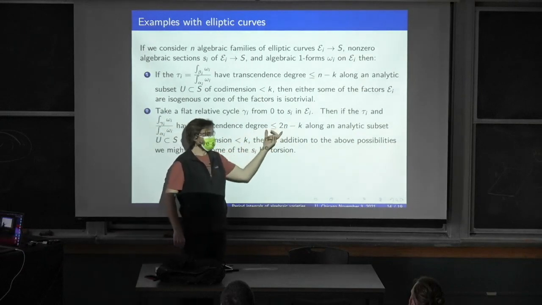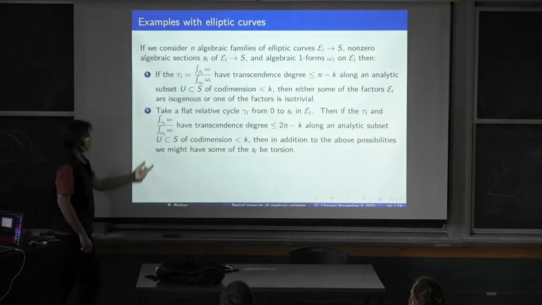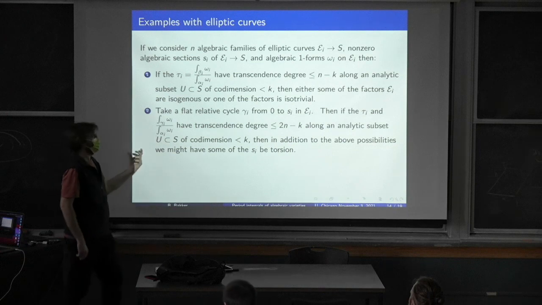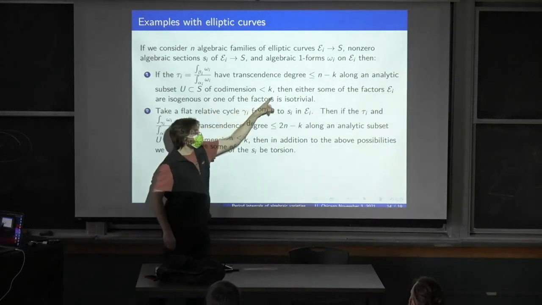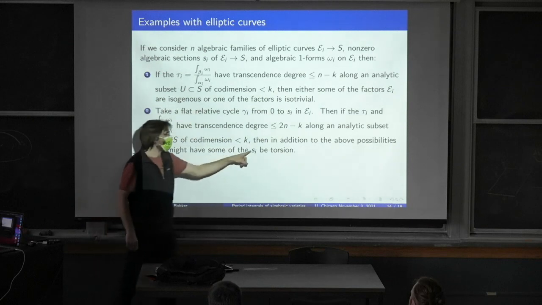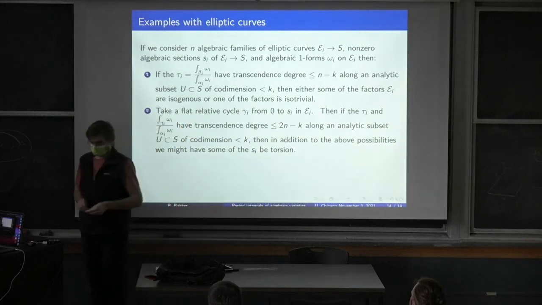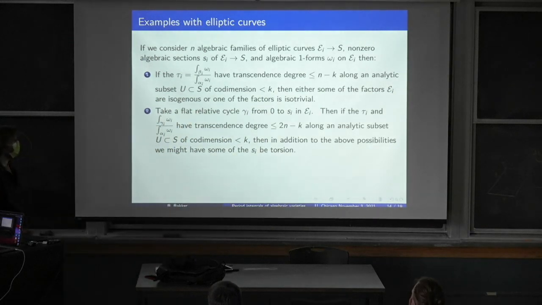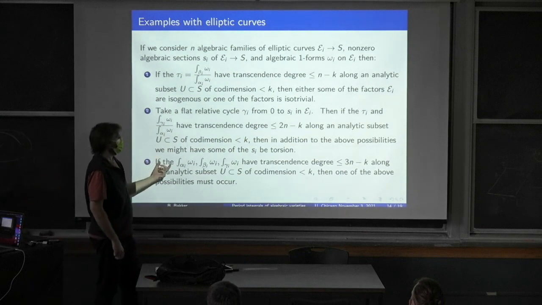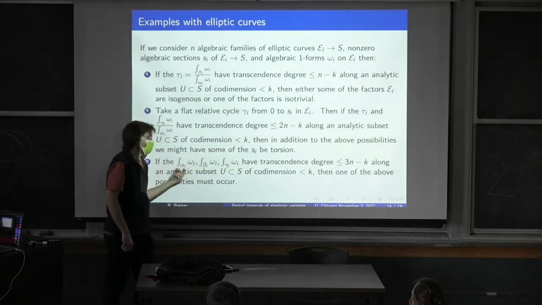And once again, if they satisfy k algebraic relations along a subset of codimension smaller than k, then either one of these two extra geometries must be happening over U, or some of the S_i's must be torsion. Okay, and finally, the third setup is where I have access to all three n of these functions.